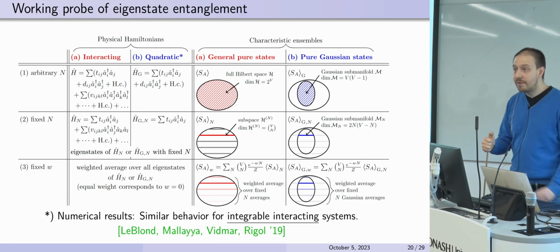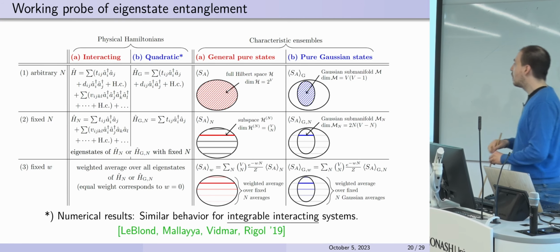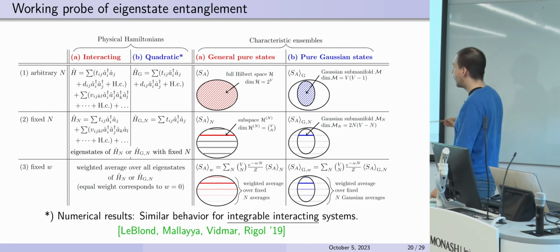And in fact, this has been now also extended in a study from 2019, where they looked at Hamiltonians that were not quadratic, but integrable interacting. Yeah? So it's not just something saying, okay, of course, if you just look at free models, essentially, they may be very well described by fermionic Gaussian states, but what happens with interacting models that are not quantum chaotic?